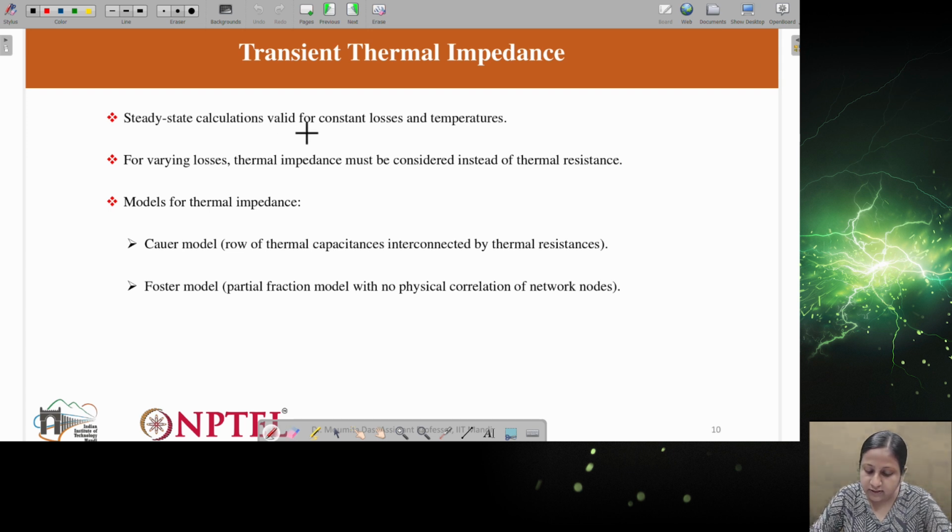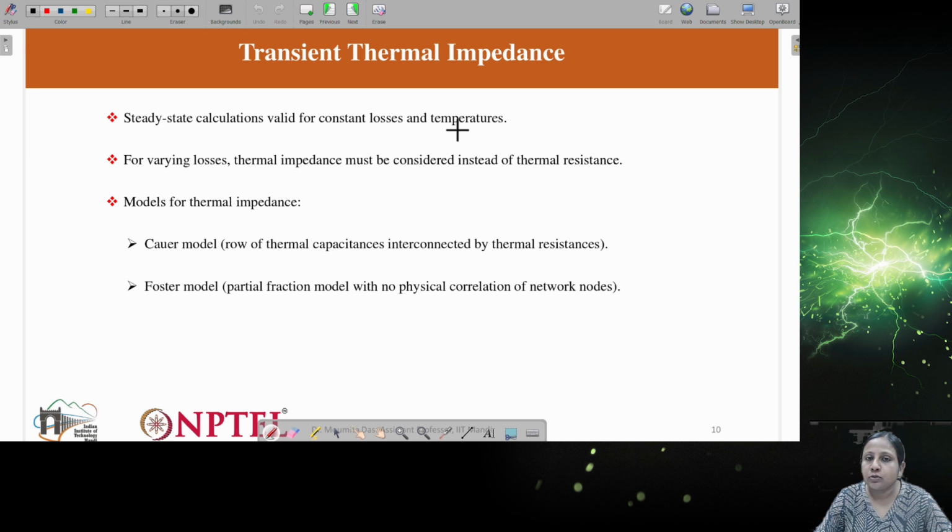So this is a steady state calculation, valid for constant losses and temperature. So obviously for initial calculation you can consider the steady state model where we don't have the thermal capacitance. So now for varying losses, the thermal impedance must be considered instead of thermal resistance.